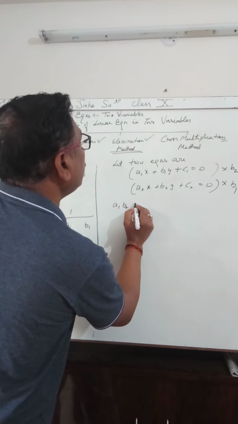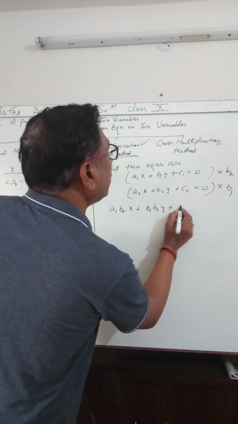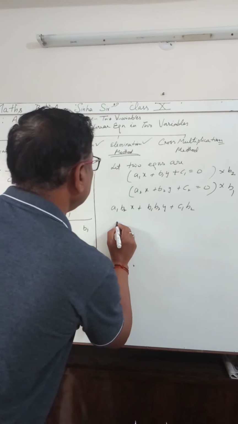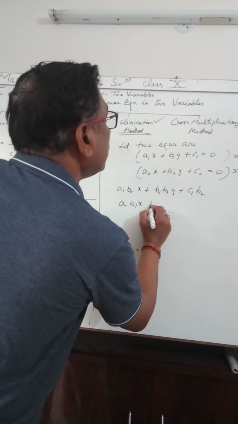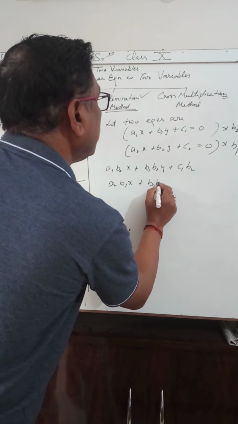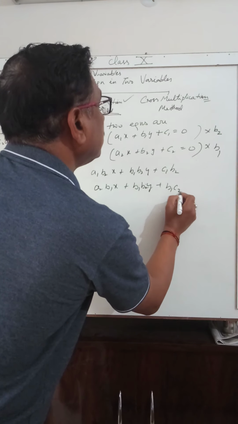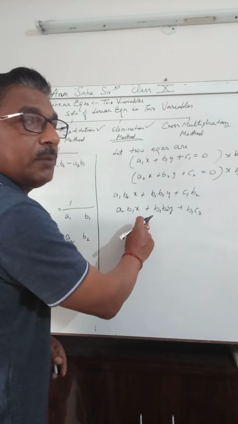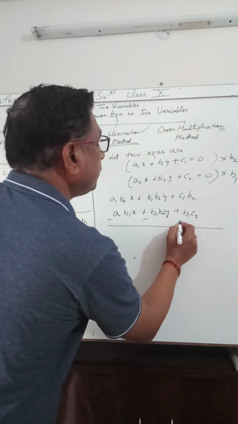Multiplying, we get a1 b2 x plus b1 b2 y plus c1 b2, and a2 b1 x plus b1 b2 y plus b1 c2. Now you can see this term is the same in both equations, so just subtract.